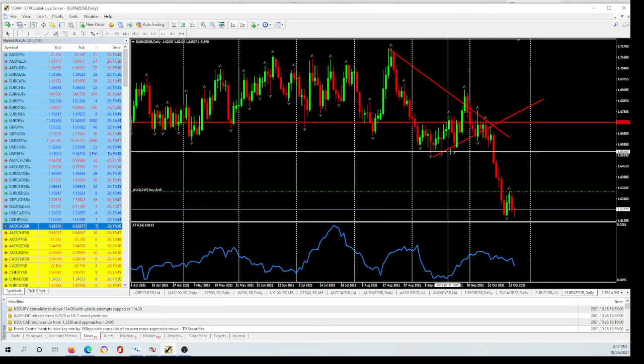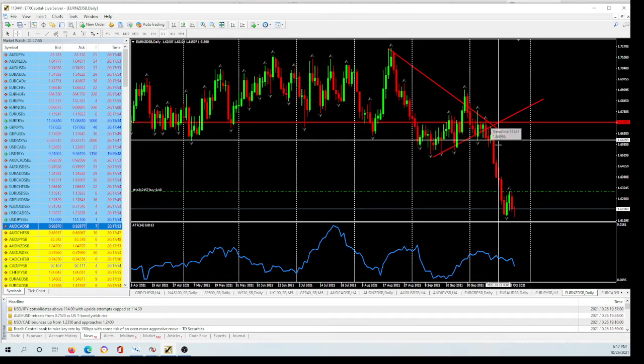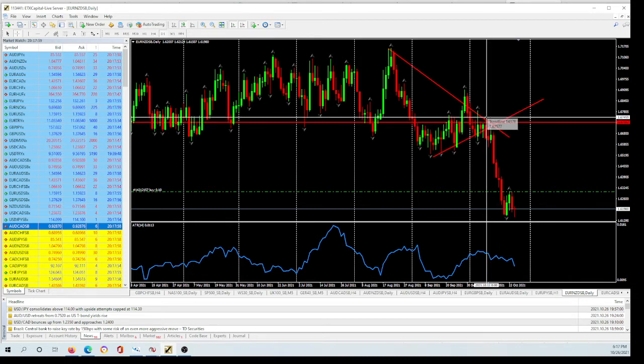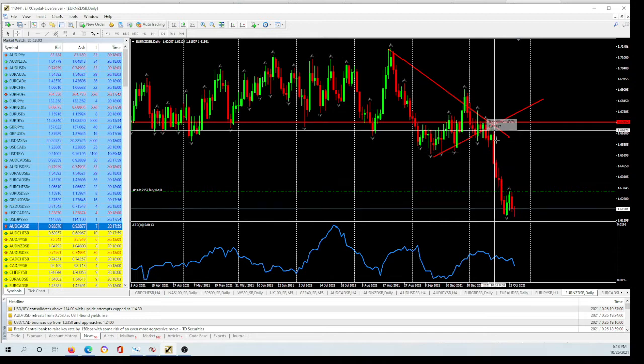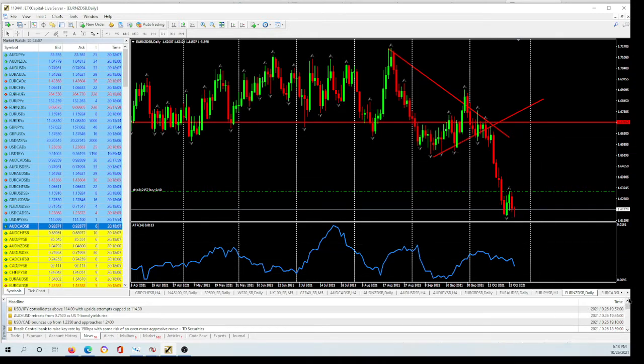But if price breaks your trend line here, which is broken here on the downtrend, that is another confirmation for you, and that is your entry, and that is you going down. So this is just simple. I want to use the USD CAD. Where is it? USD CAD.